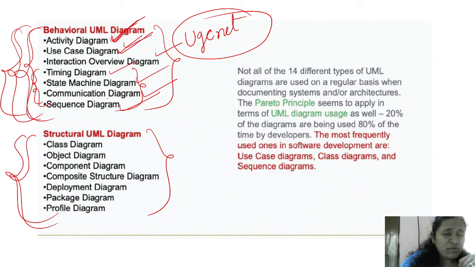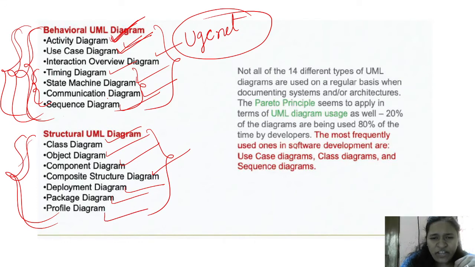Activity diagram and use case diagram are the others. And the structural diagrams are class diagram, object diagram, component diagram, composite structure diagram, deployment diagram, package diagram, and profile diagram.